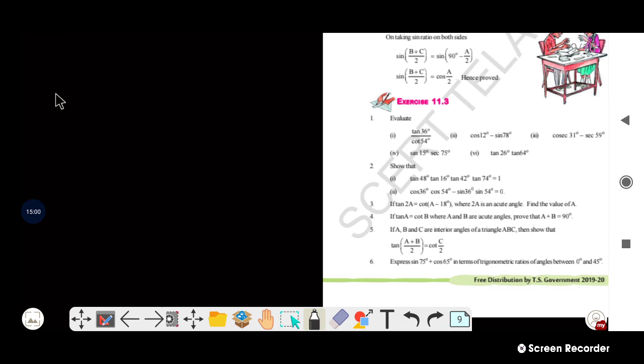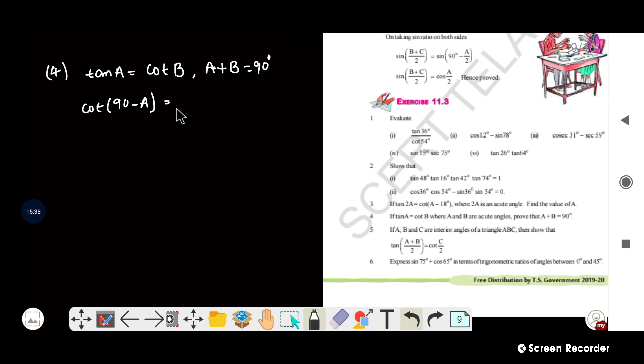In the fourth question, if tan A is equal to cot B, where A and B are acute angles, prove that A plus B is equal to 90. Is it right? Now with the given words we can write it. Tan A is equal to cot B, na? Tan A is cot (90 minus A). Shall I write?